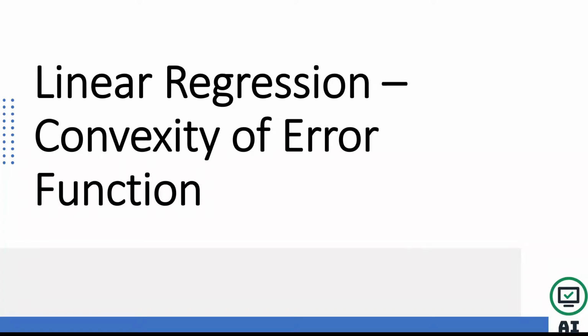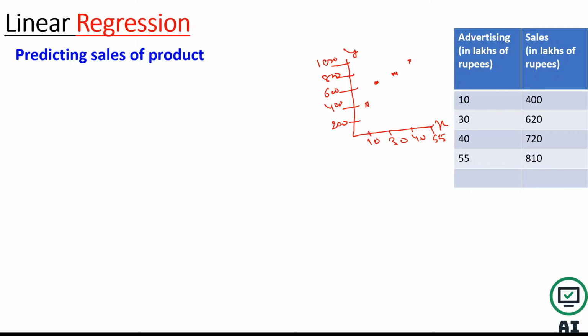In this video, I am going to explain the linear regression problem and convexity of error function. In the previous video, we have seen the error function of the linear regression problem, which is given by E(W) equal to half summation i equal to 1 to capital N, (W0 plus W1 xn minus yn) whole square.